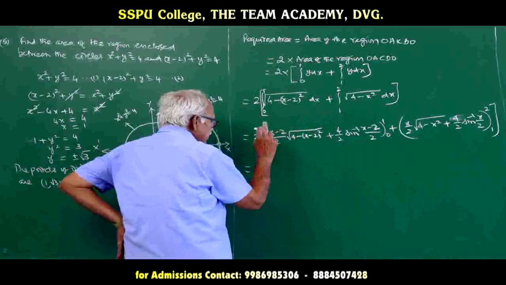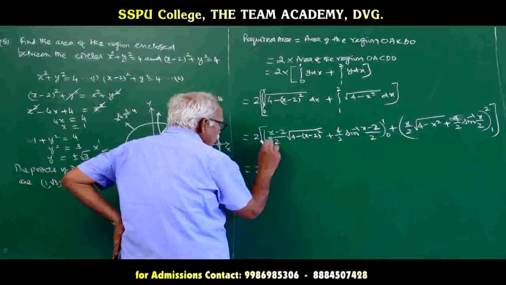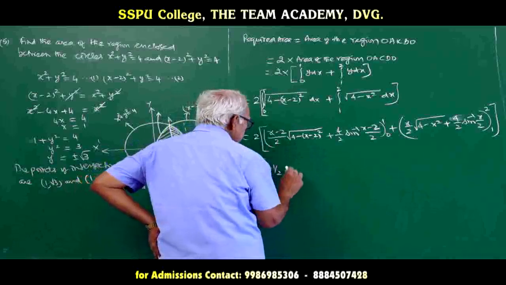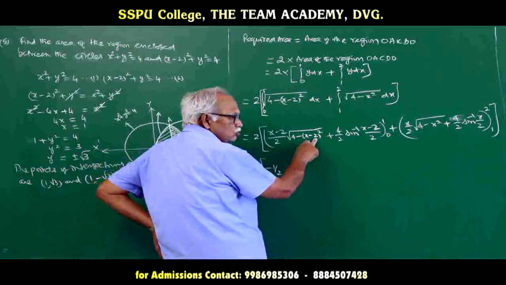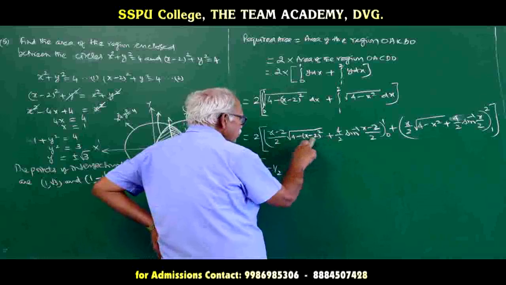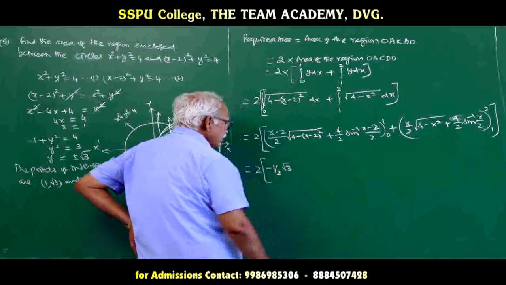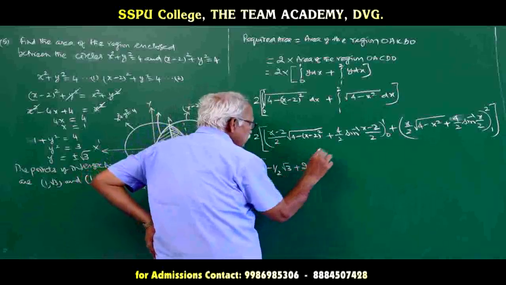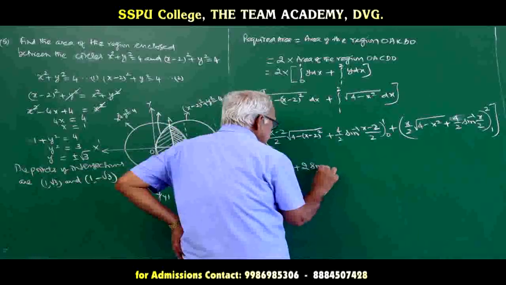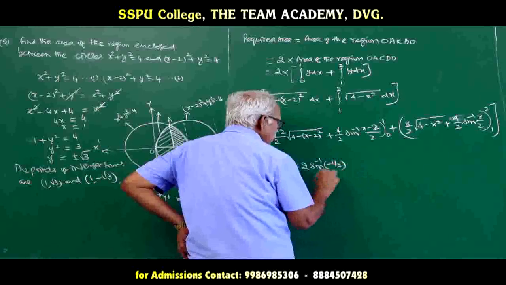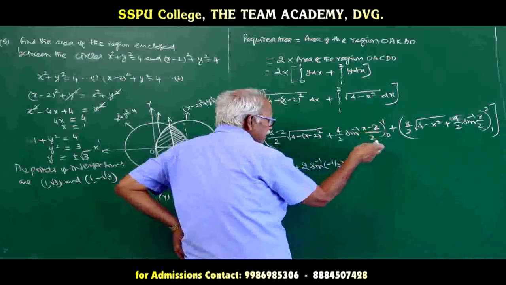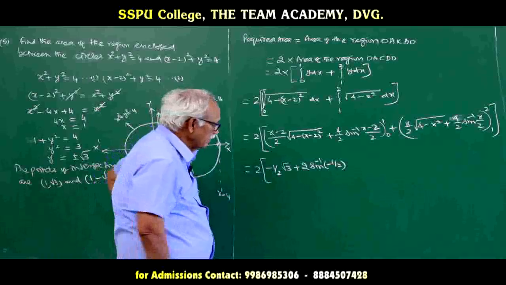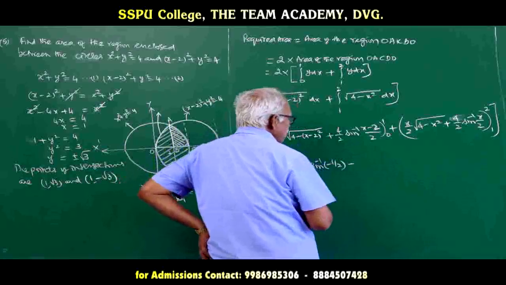If you put 1 here, 1 minus 2 by 2, and here if you put 1, what do you get? 1 minus 2 whole square is minus 1 whole square, 1, 4 minus 1. So, root 3 we are getting. Again, 4 by 2 is 2, sin inverse of 1 minus 2, which is minus 1 by 2, upper limit minus lower limit.